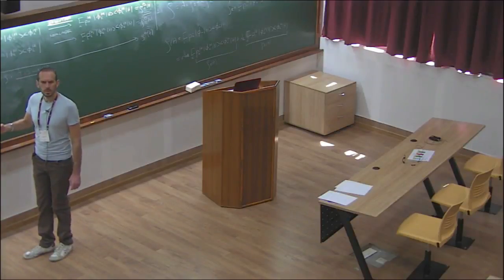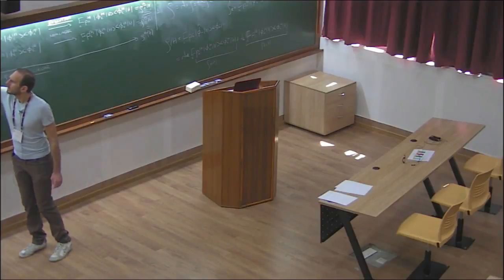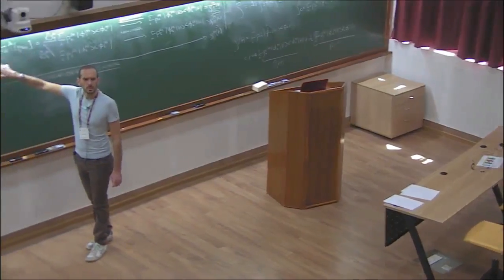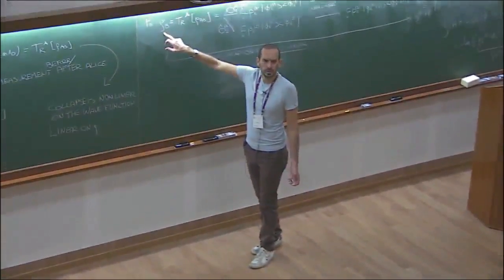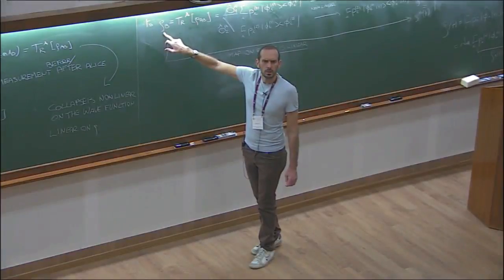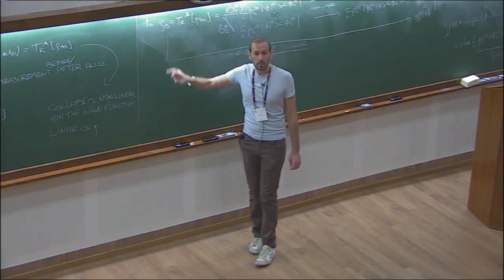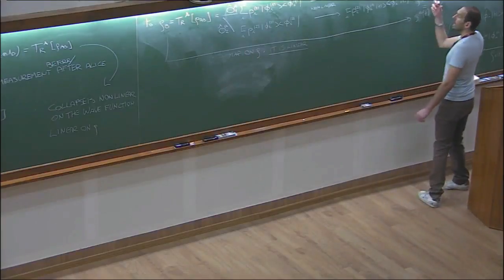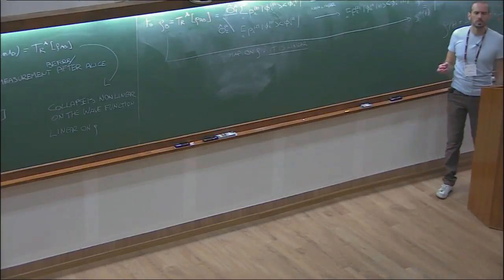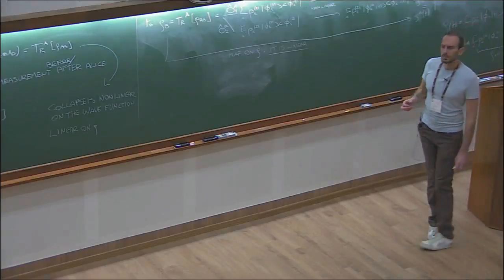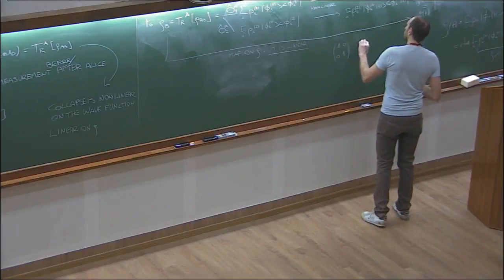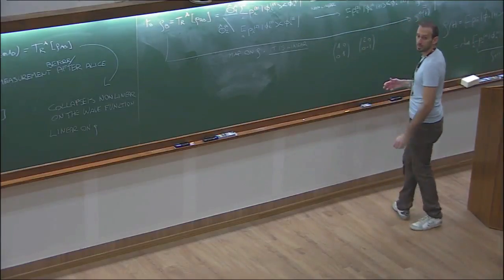Which trace? The trace is always one, no? The trace of a density matrix is always one. Yes, the density matrix. But they're not the same. Of course, you can have two matrices with the same trace: (1, 0, 0, 1) and (2, 0, 0, minus 1) have the same trace, but they are different.